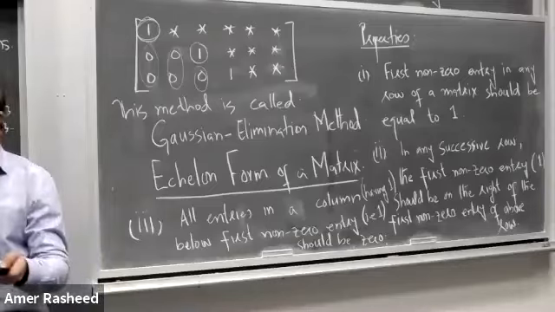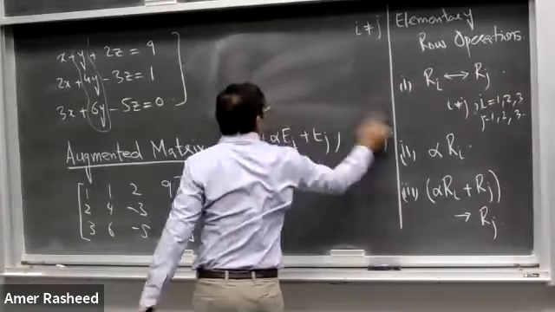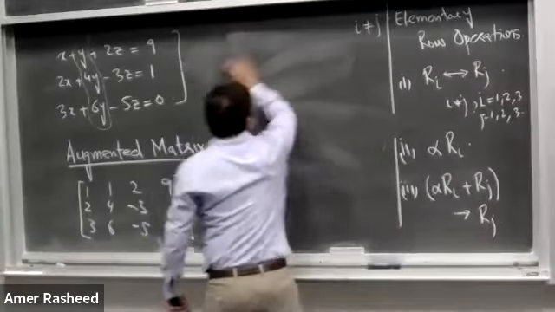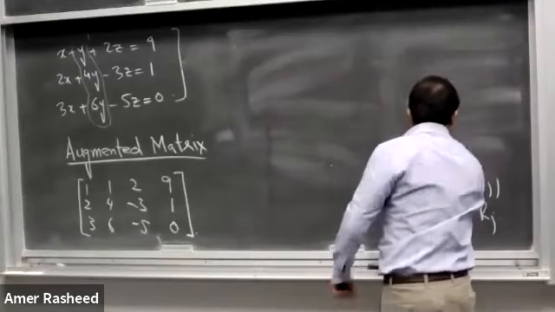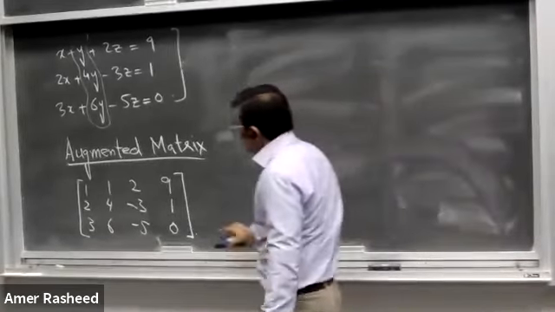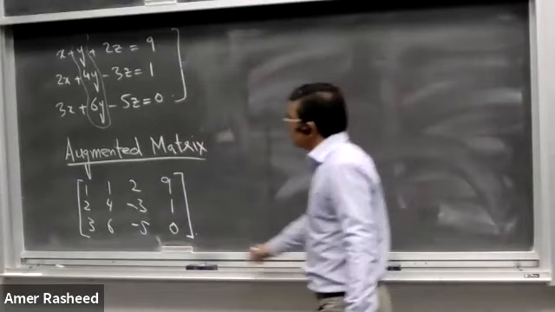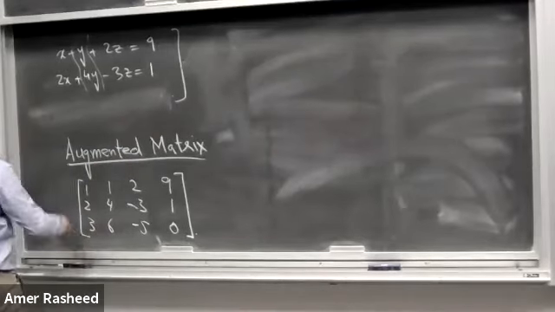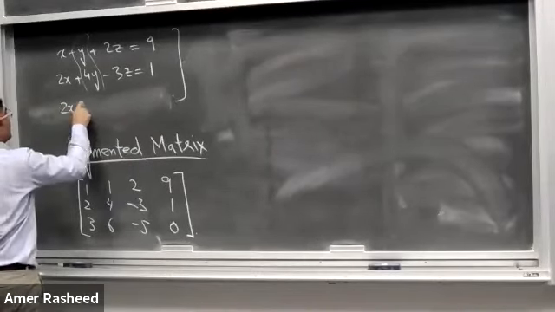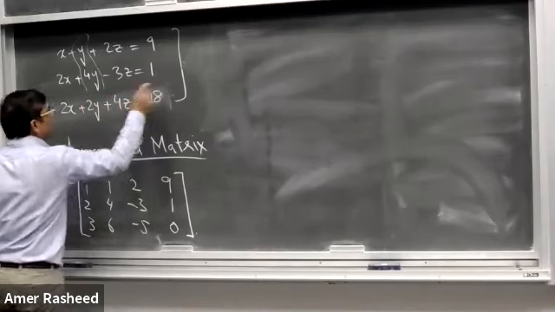Let me take some other examples so that you can understand it better. In the first example, you got a unique solution. Now I'm going to change this linear system a little bit. Here we have 2x plus 2y plus 4z is equal to 18.